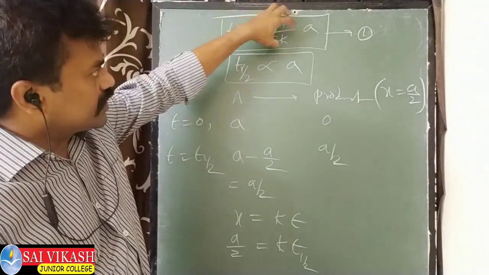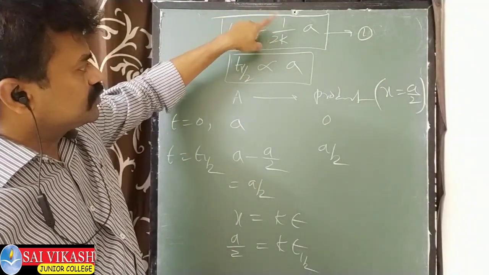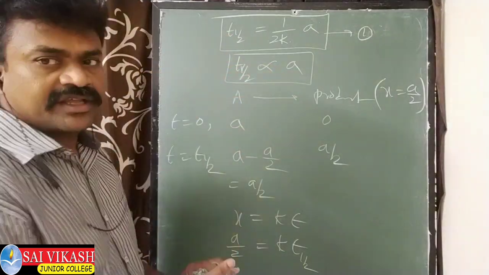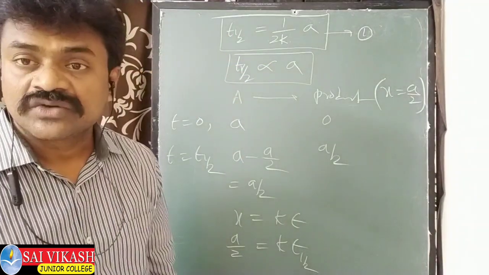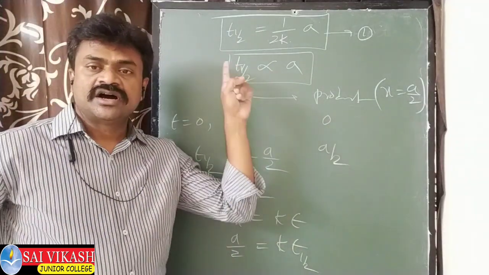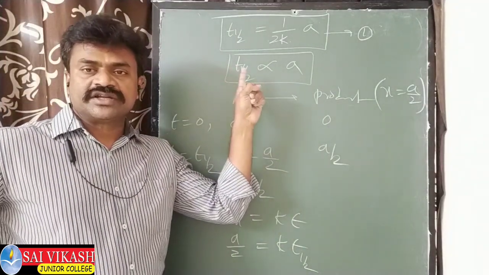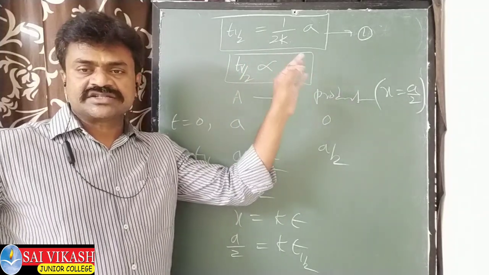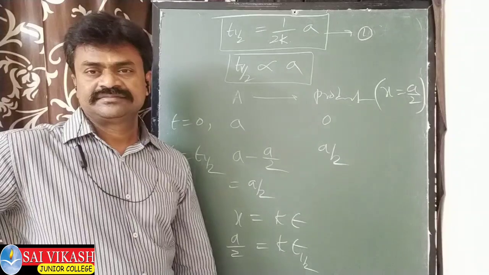If you remove 1 by 2k, which is a constant, proportionality will come. So t half proportional to A. That's it. It means what we can understand here: the half-life of the zero order is directly proportional to the initial concentration of reactants.